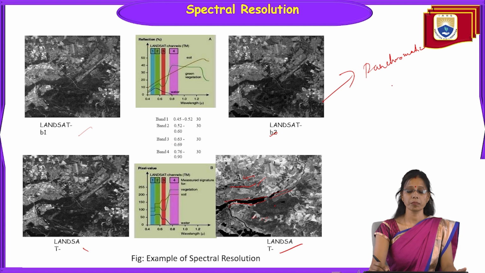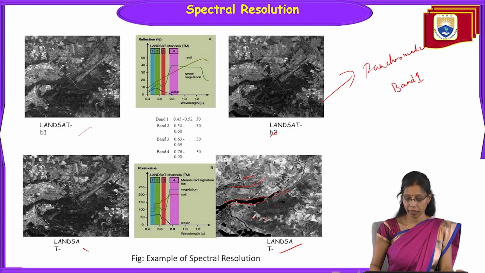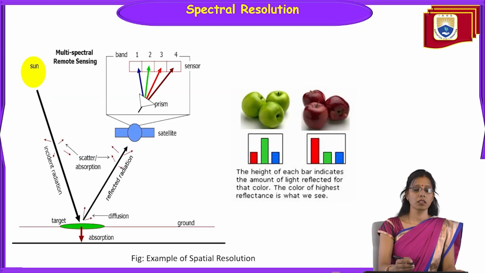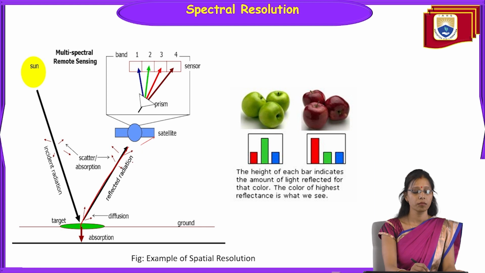It is giving only one band of information. If these images become color images, they will give us 4 band information: band 1, band 2, band 3 and band 4. So this is the target. When the target is reflected by the object and the satellite captures it, and it passes through the prism, it goes through the 4 bands of information.